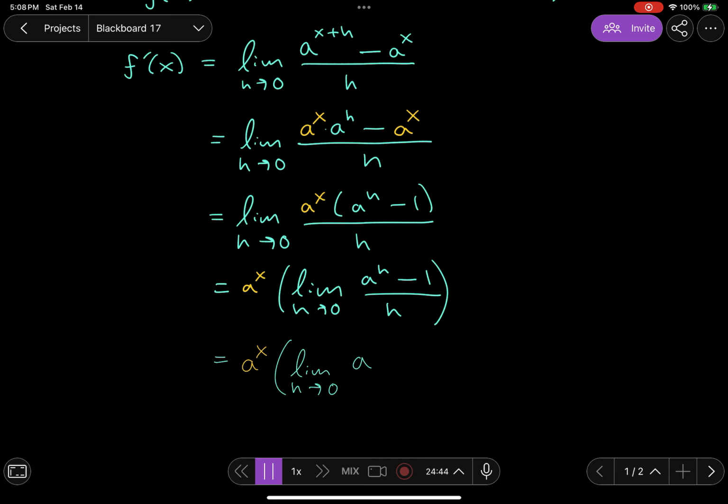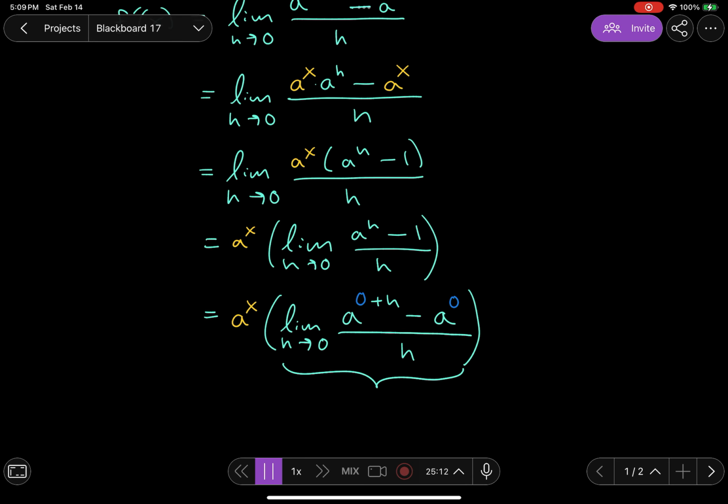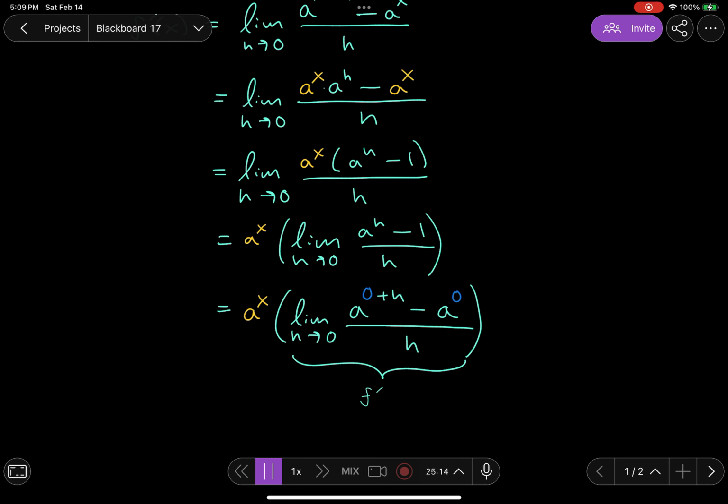But at least hopefully agree with me that this is true. So overall, what I just said was that a to the h is the same as a to the 0 plus h. Or really what I said was h is the same thing as 0 plus h. I also said that 1 is the same thing as a to the 0. But why am I saying this? Because I want us to recognize that this thing is simply the derivative of my original function at 0.